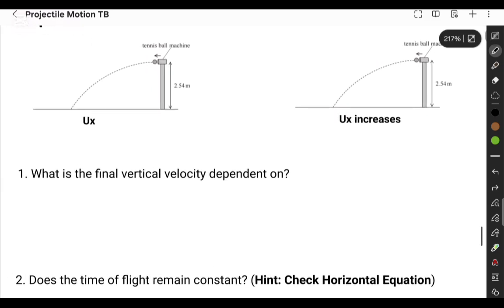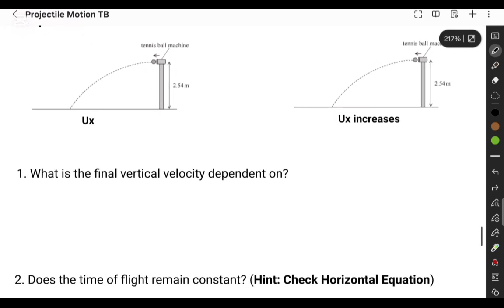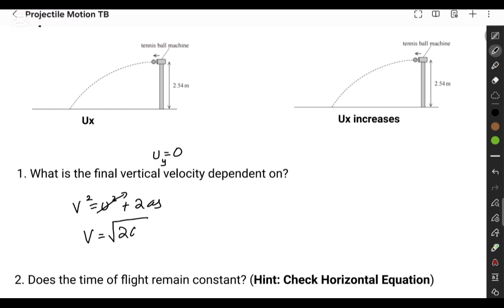Now let's see what the final vertical velocity is dependent on. So we know v squared is equal to u squared plus 2as. Now the velocity in the vertical direction initially is 0, so u cancels out. So we get v is equal to the square root of 2as. Now this s is the displacement in the vertical direction. In both of these situations, the vertical displacement s is equal to minus 2.54.